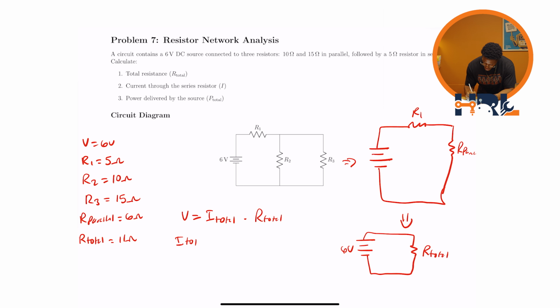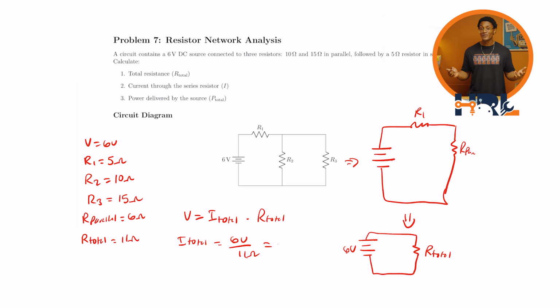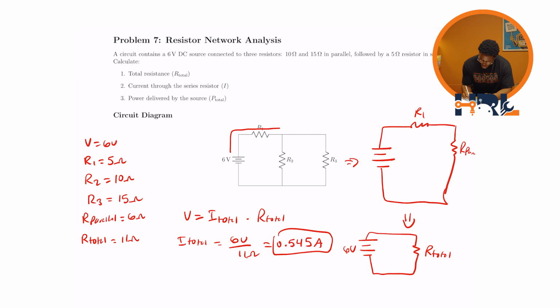Solving for I total, we have 6 volts divided by 11 ohms of resistance. So our current is approximately 0.545 amps. So we know I total is coming through here, going through that resistor, and then splitting off between these 2 branches right there. So the answer to question 2, the current going through resistor 1, is 0.545 amps.